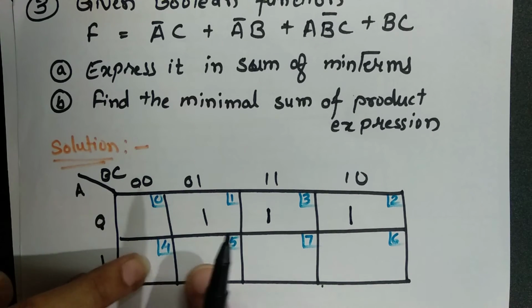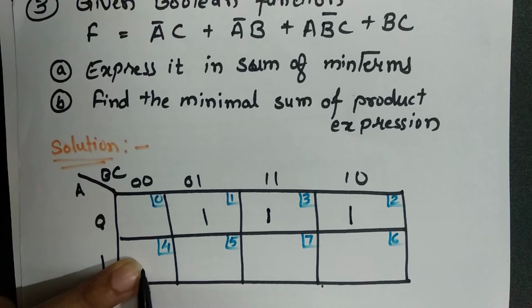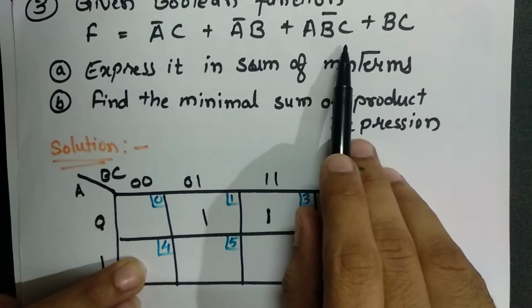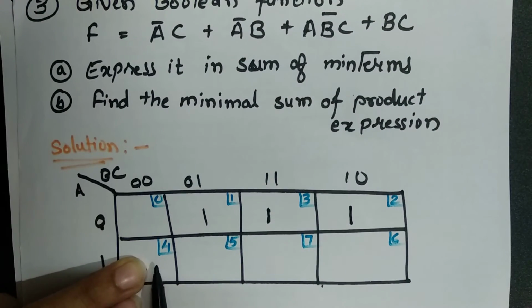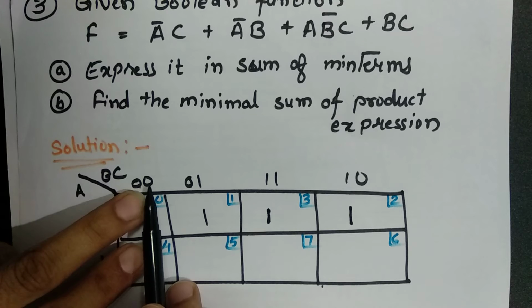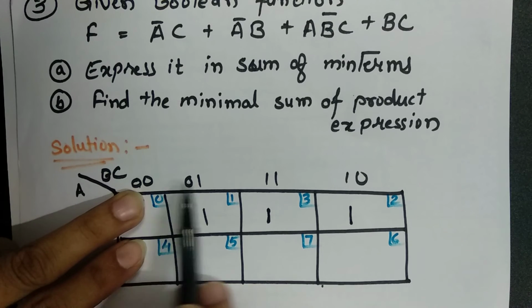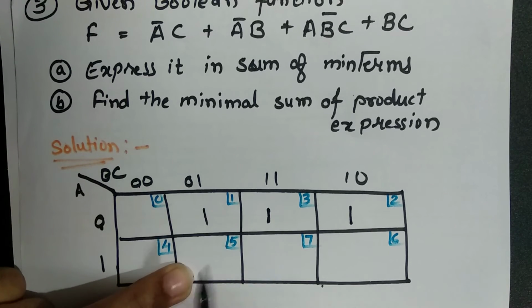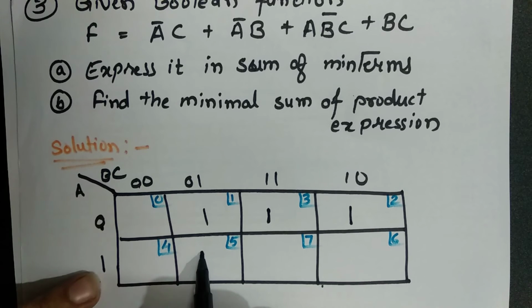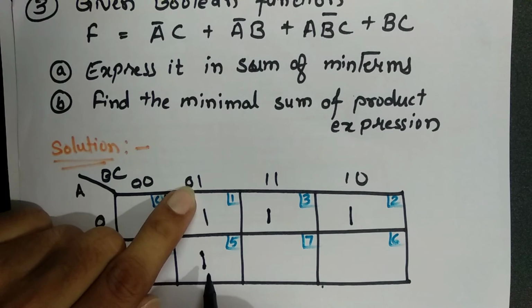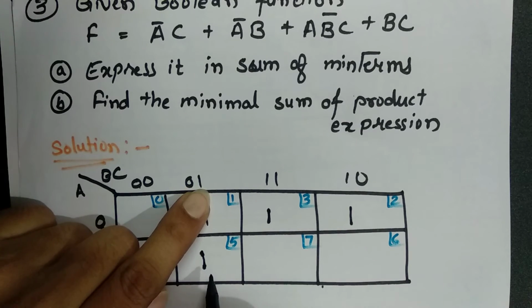So these two boxes will be having B bar, and also you are having C. So from these two terms, you have to find out where there is C. Here it is 0 means it is C bar. Here it is 1 means it is C. So the final box will be this box. So here the value will be A B bar C.